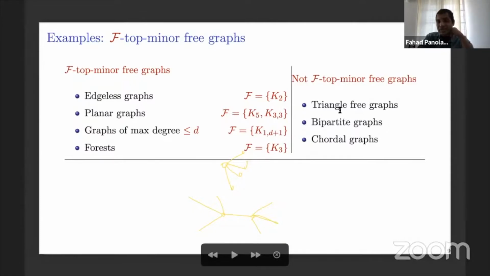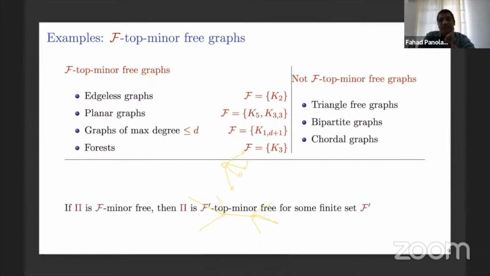Okay, so these three will not come under F free, F minor free, or F topological minor free. And the rest of the graph classes which we have discussed here come under any one of these. Where the graphs of max degree come under F topological minor free and F free, but not F minor free.